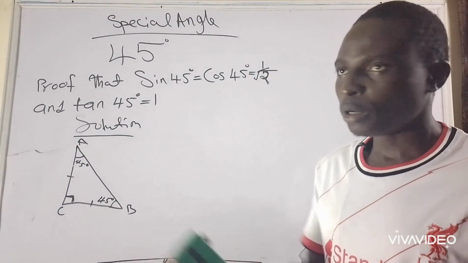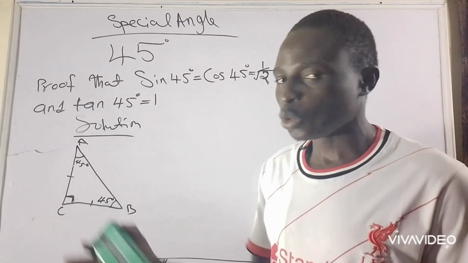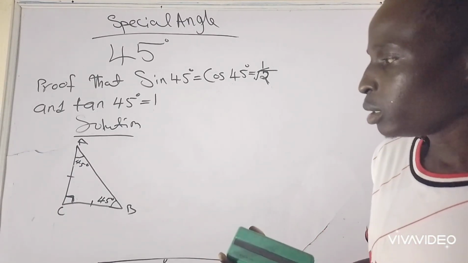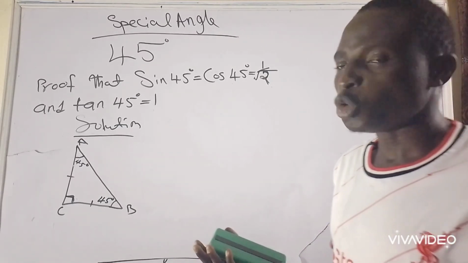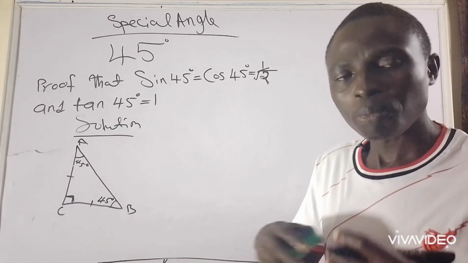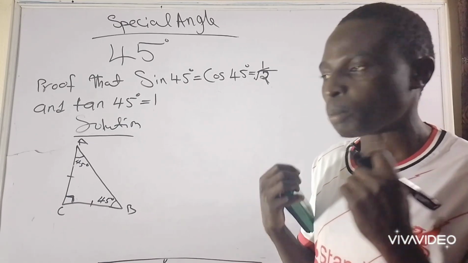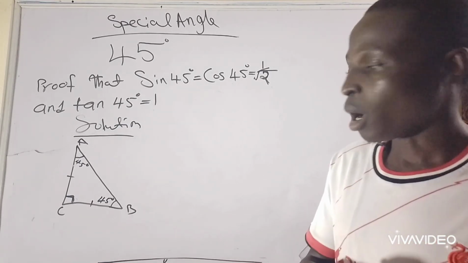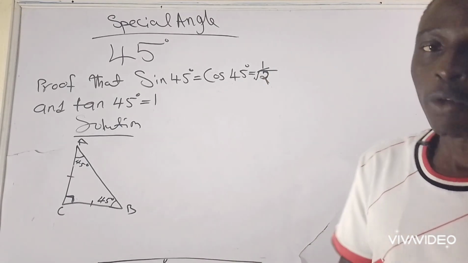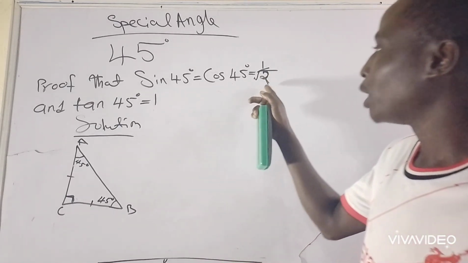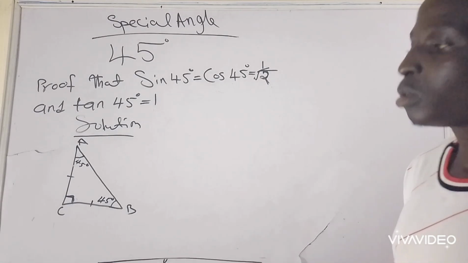Someone may choose 1 unit, another person may choose 2 units, another 3 units. For me, let me choose 2 units, but you may pick any other unit. The most important thing is to know how to get 1 over root 2, whether it is true that it's 1 over root 2 or not.